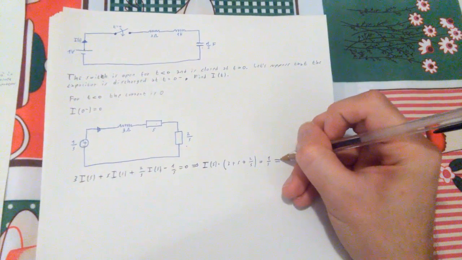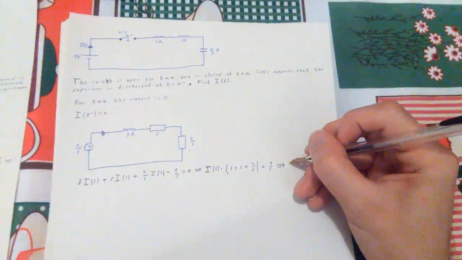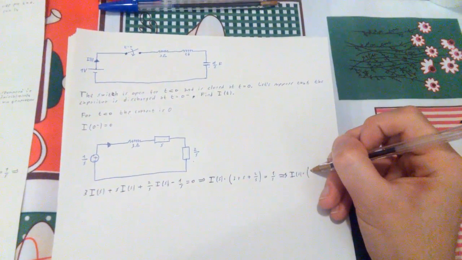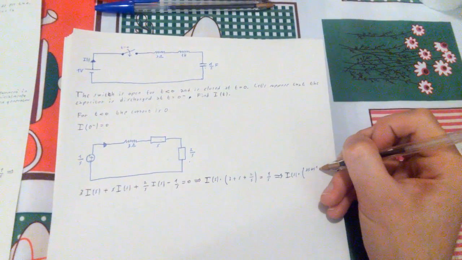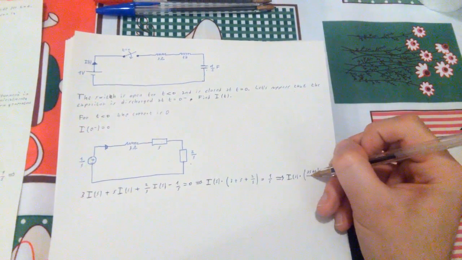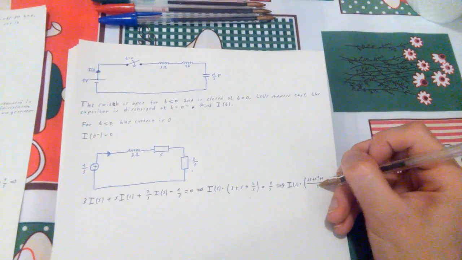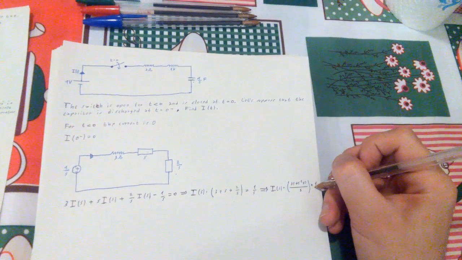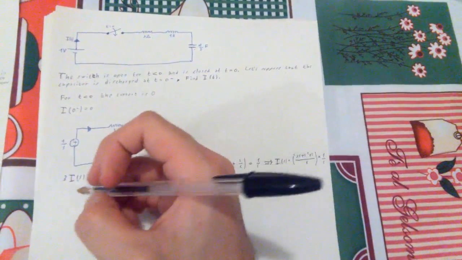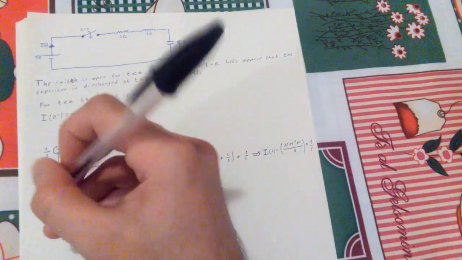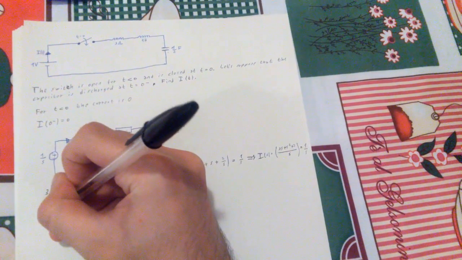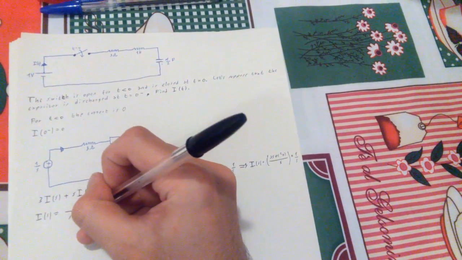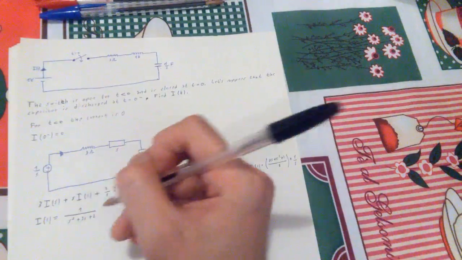Okay, so this is going to give us I of S times 3S plus S squared plus 2, everything over S, equal to 1 over S. So we've just found I of S, which is 1 over S squared plus 3S plus 2.